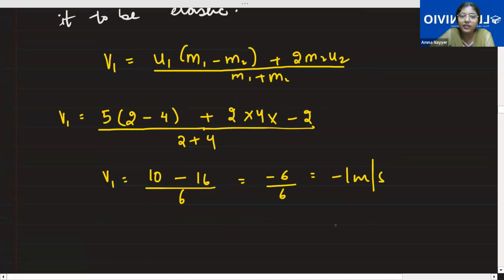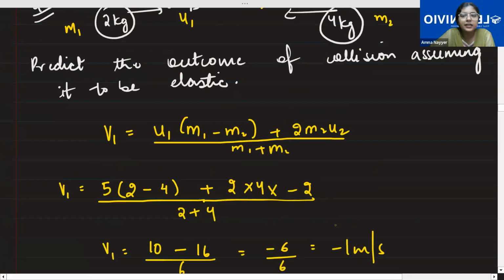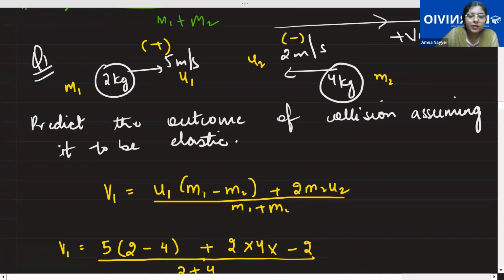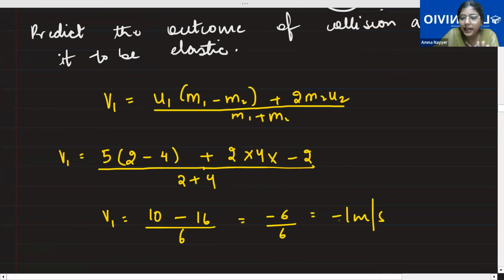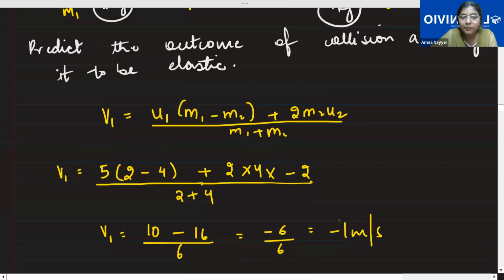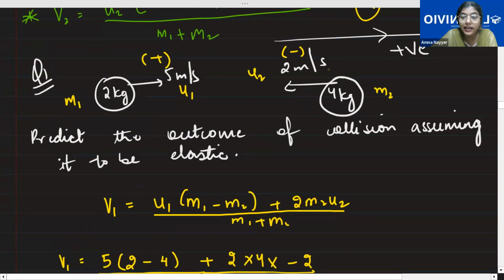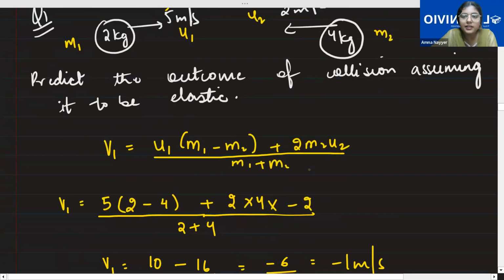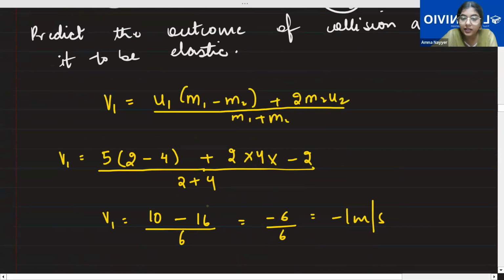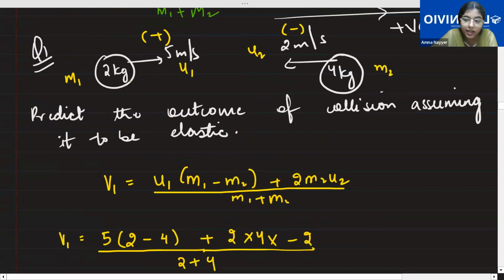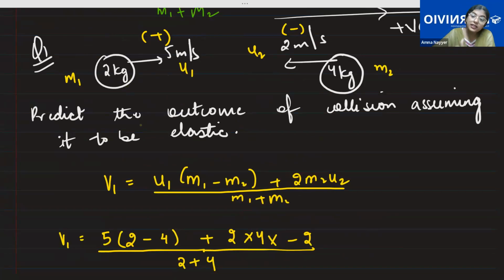So final velocity is minus 1 meter per second, right? Minus 1 means the minus sign was for the left side. V1 means the final velocity of the first body, M1. So it moves towards the left with a velocity of 1 meter per second. This is what is meant by it.